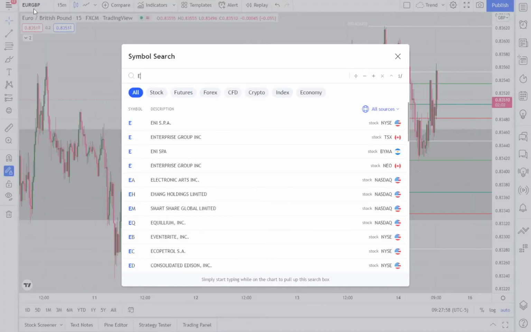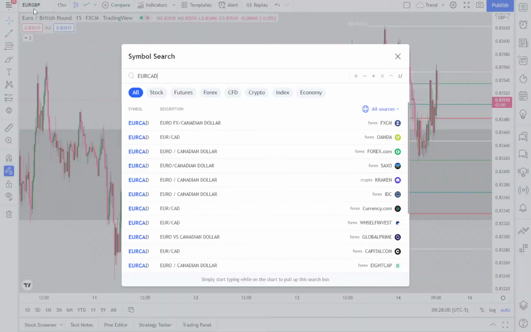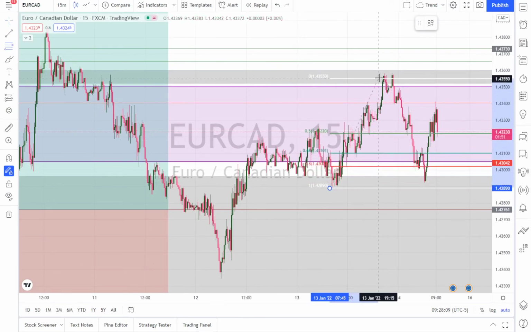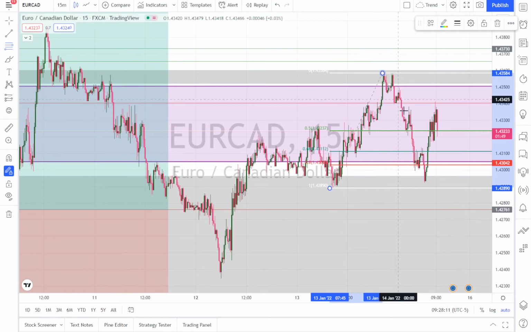It always happens. If we go to, let me see, EuroCAD. I want to show you guys maybe something else. I just want to show you that it works. Okay, so if we do this right here, this is an active trade right here. It came down a little bit after London, so maybe it might come down and then hit it, or it might do something else.